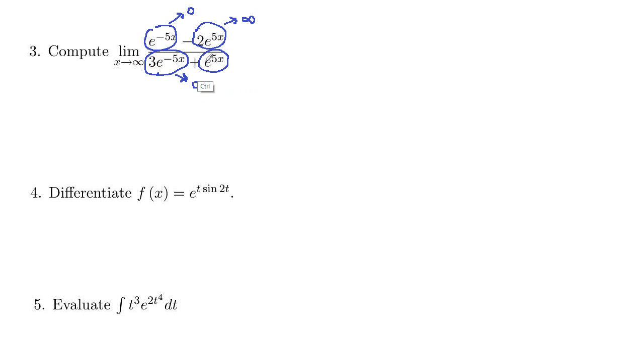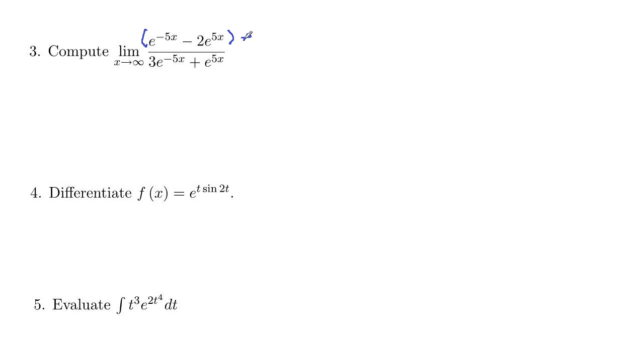So this thing is of the form infinity over infinity, which is indeterminate. We need to do some algebra work here to change the form so that this is determinate. What we want to do is multiply the top and bottom by e to the negative 5x, and that's going to make these e to the 5x powers go to 0.